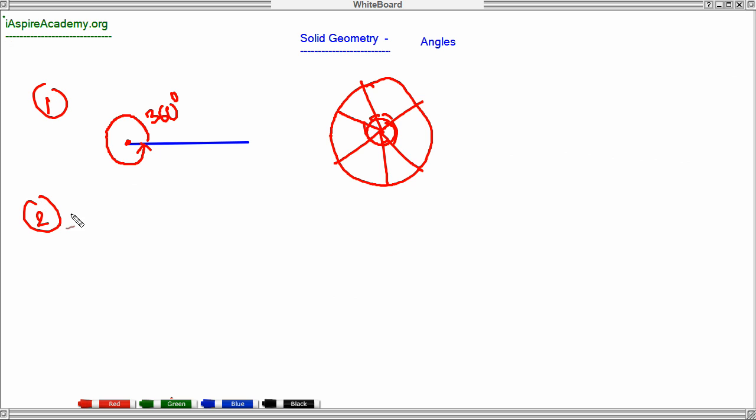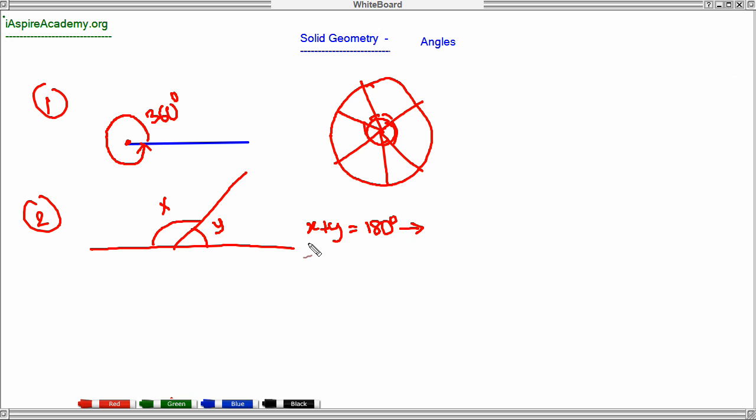Rule number two is, if you draw a line and another line intersects this line, the sum of these two angles is 180 degrees. So let's say this angle is x, this angle is y, so x plus y equals 180 degrees. Now there is another term to describe this.